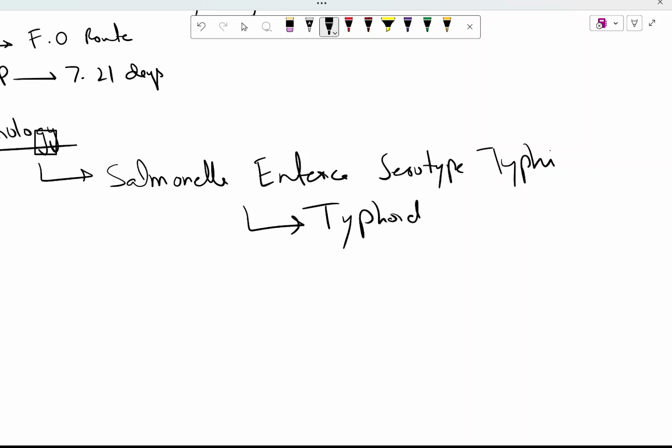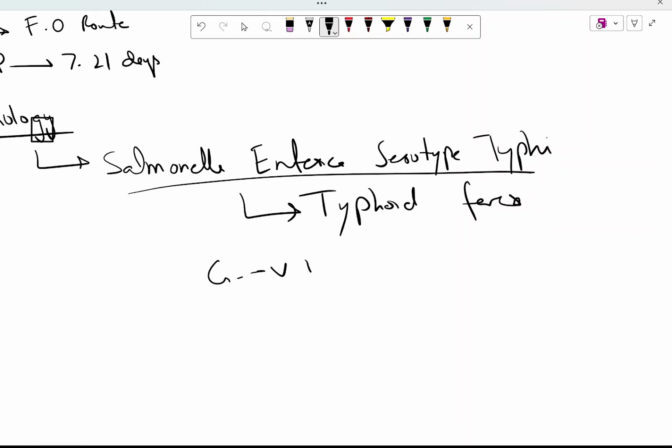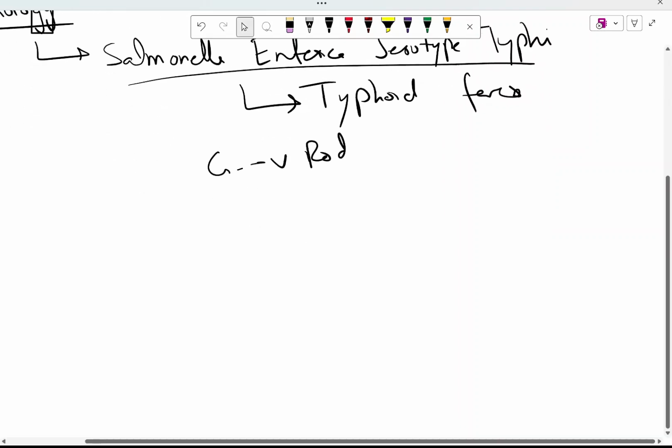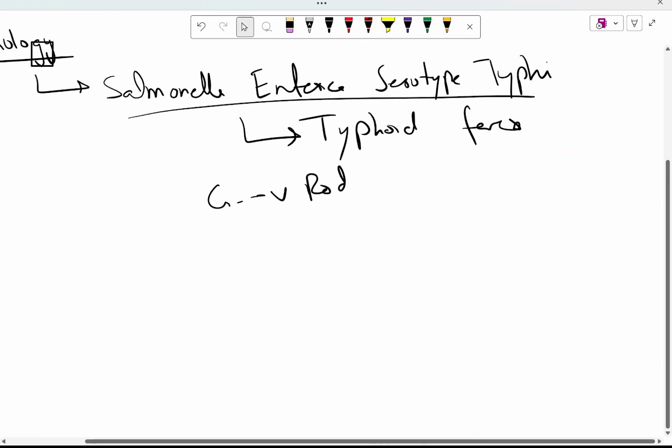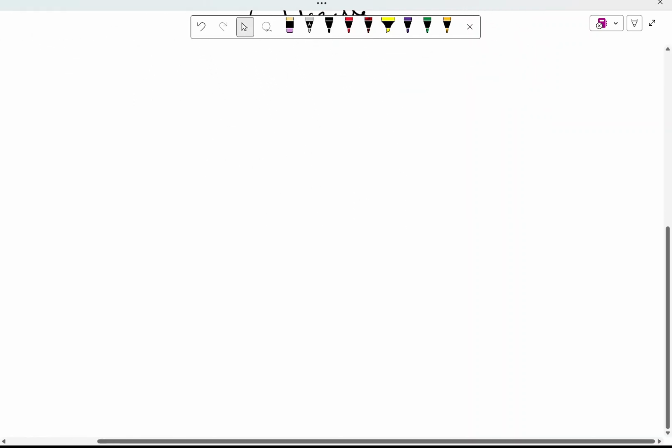So what is this Salmonella enterica serotype typhi? It is a gram-negative rod with flagella, peritrichous flagella.